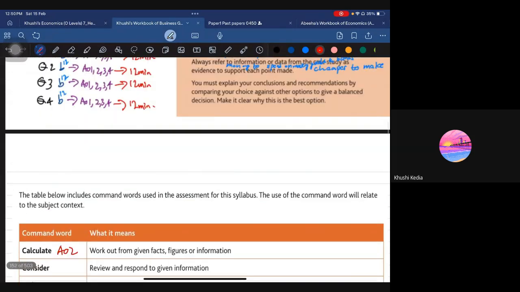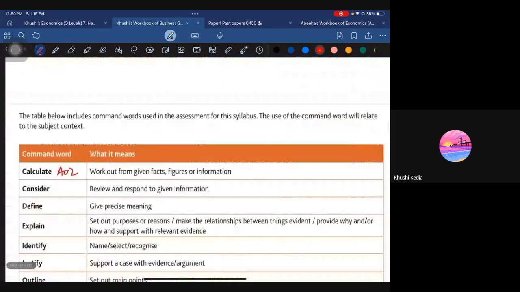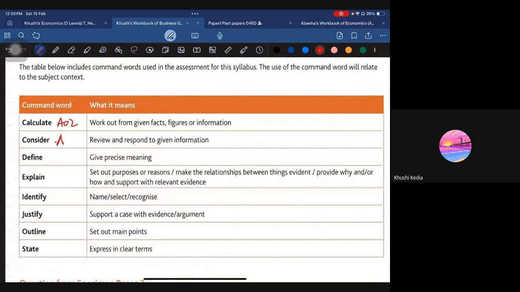I guess they have used it here, yes, on the P part. So we have the reference as well. Very good. But considering also means that you have to apply the analysis part as well. So that's why AO4 and AO3.